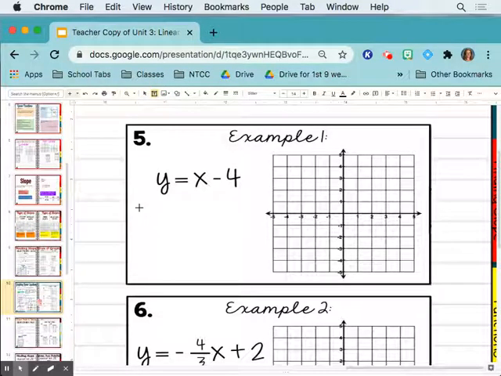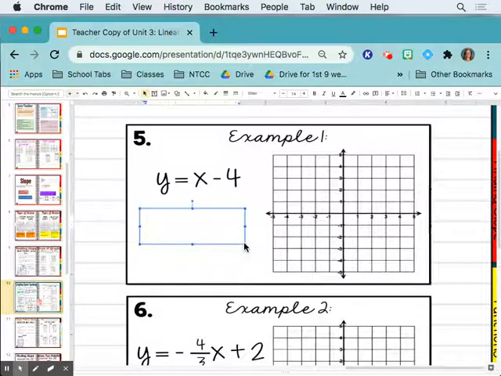So let's identify the parts. M equals what? What's our slope? Up 1 over 1, so it's 1. And what's the B value? -4, yeah. So we need to plot that.